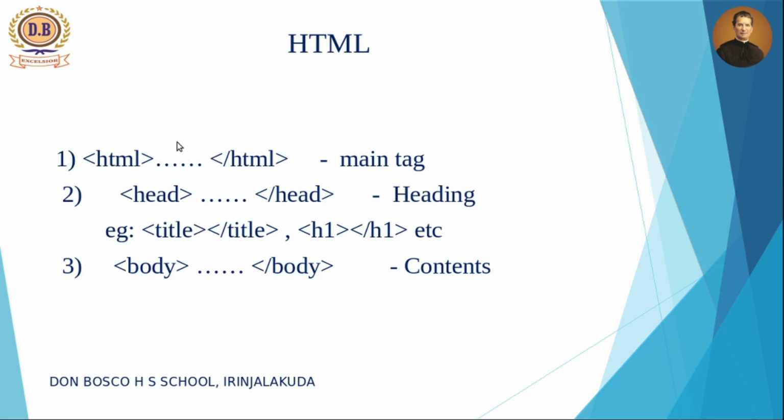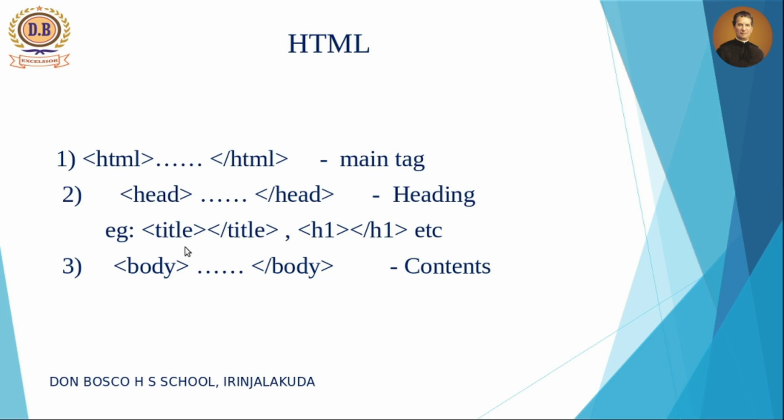Inside this main tag, we are giving all the sub tags. The instruction containing an opening and a closing tag is called a container tag. Inside the main tag we give other sub tags called the head tag and the body tag. Head tag means what? From the name itself, the head tag is used to indicate the heading.